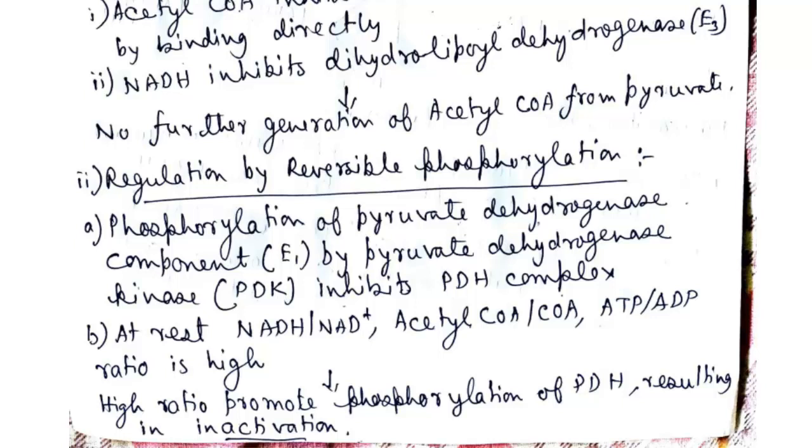That means the NADH to NAD plus ratio is more than 1, the acetyl CoA to CoA ratio is also more than 1, and the ATP to ADP ratio is also high. This high ratio promotes phosphorylation of pyruvate dehydrogenase by this pyruvate dehydrogenase kinase enzyme, resulting in inactivation.